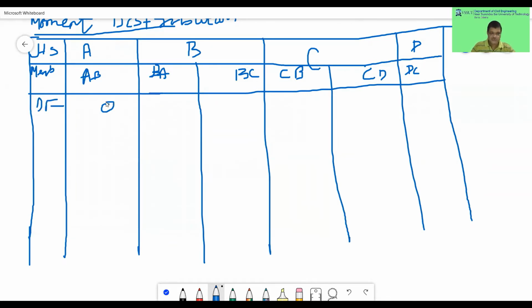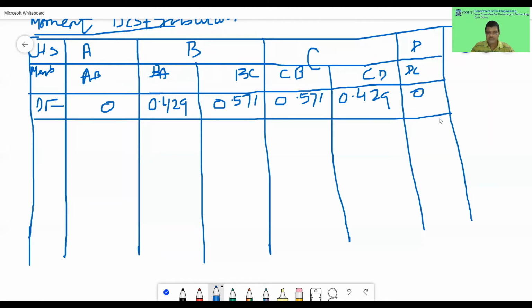This will be 0. Here it is 0.429, 0.429. Here it is 0.571. Okay. Here it is 0.571, and here it is 0.429. This is equal to 0. So write the distribution factors for each. So once you write the distribution factor, the next step is calculate the fixed end moments you have to write down.